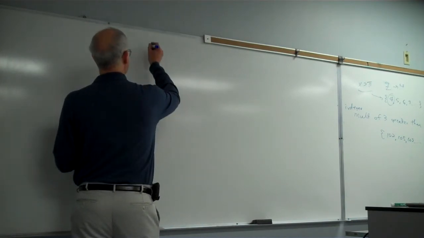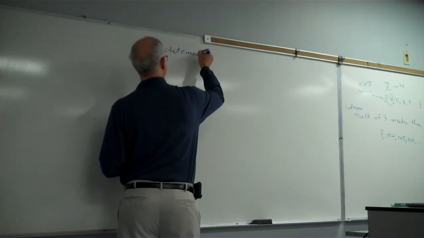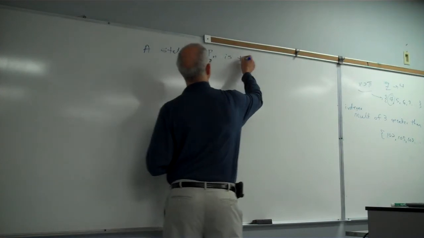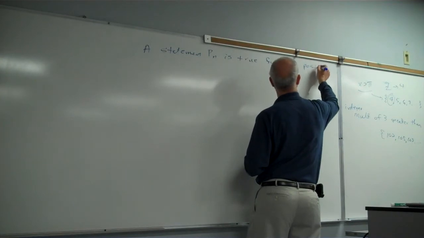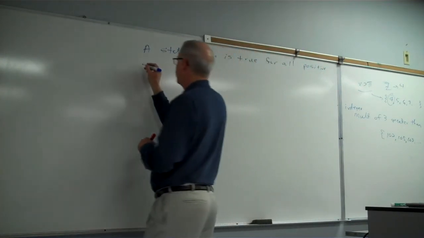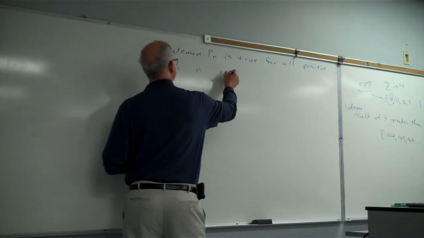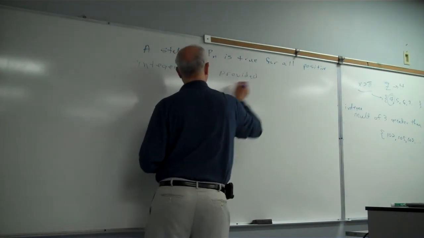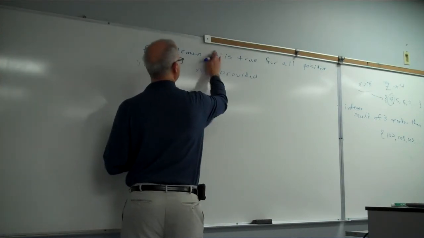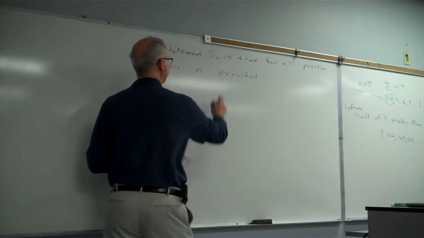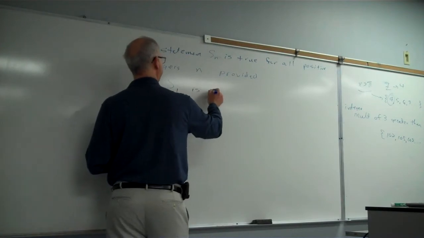So, a statement S sub n (I'll call it S sub n, because I think that's the notation the book uses) is true for all positive integers n provided two things happen. First, S sub 1 is true.